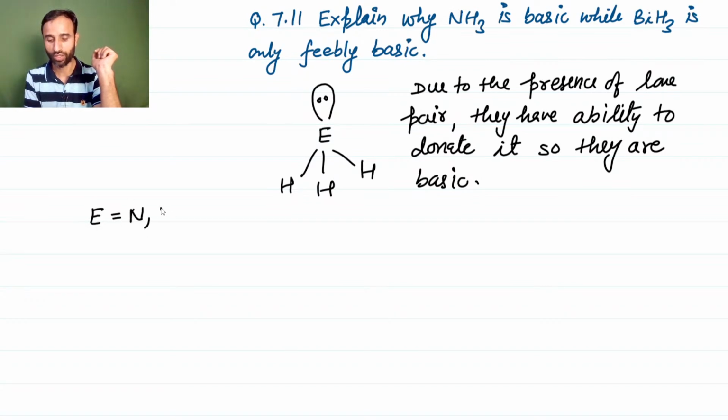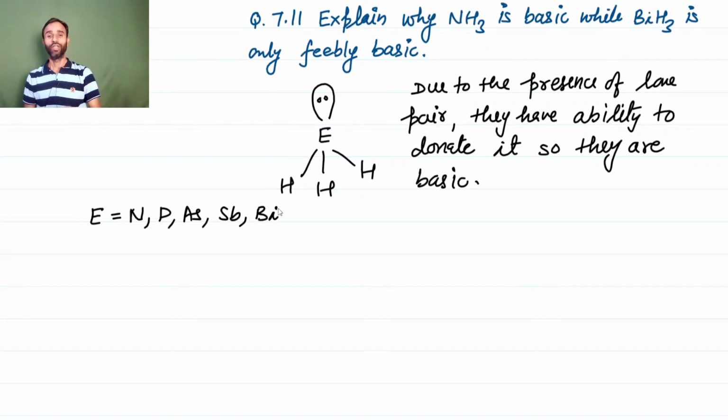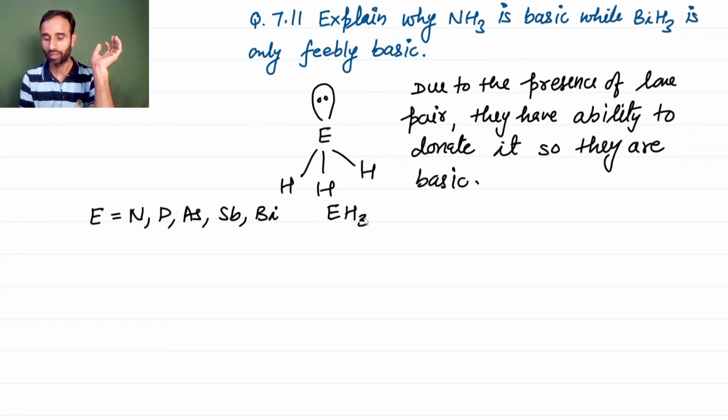This is nitrogen, phosphorus, arsenic, antimony or bismuth, right? Now every element of group 15 when attached to hydrogen, its formula is EH3. It has 3 bond pairs and 1 lone pair. So why ammonia is more basic while BiH3 is feebly basic? This is the question.